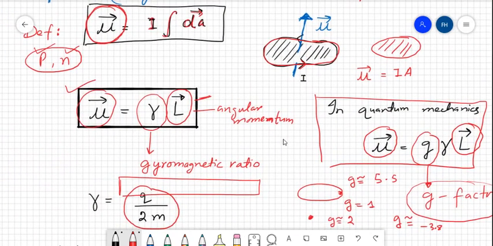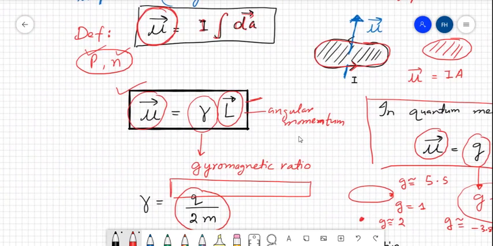So if we have any system which has an angular momentum L, then this equation says that it will also have the dipole moment. Any system having L will also have mu, that is the magnetic dipole moment.